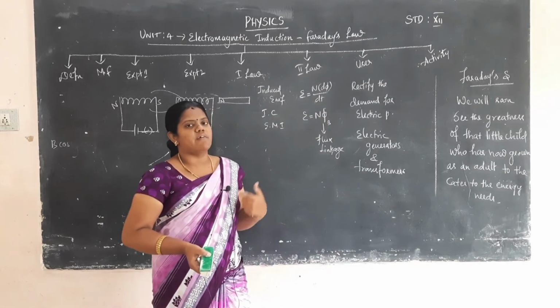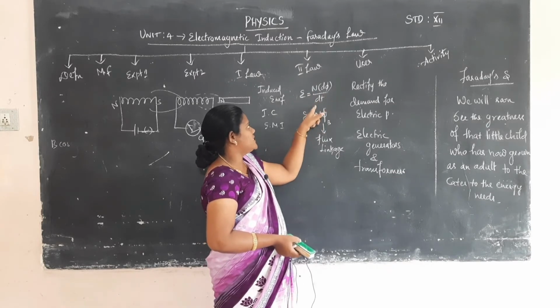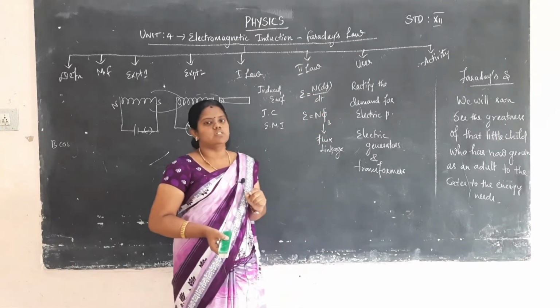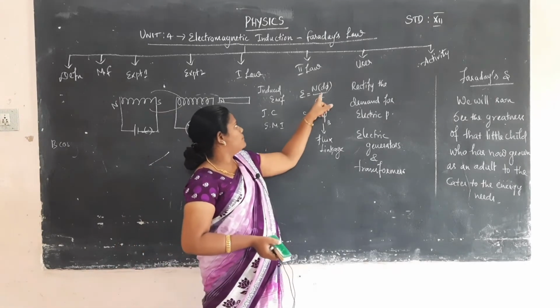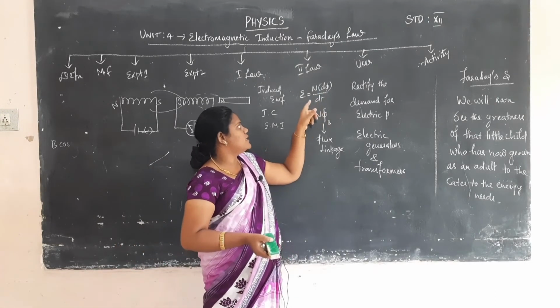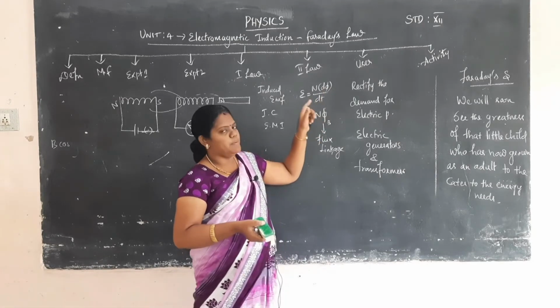Suppose the coil has a number of turns, capital N, then the EMF is N into d phi by dt. N is the number of turns in the coil. Here d phi by dt is the differentiation of the magnetic flux.